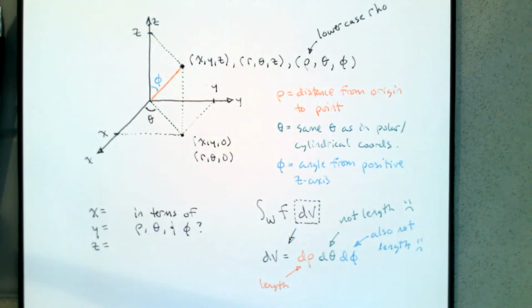D rho is already a length, but we need a factor for d theta to get a length. And we'll also need another factor to get d phi into a length. They're both going to be about how far we are from the origin.